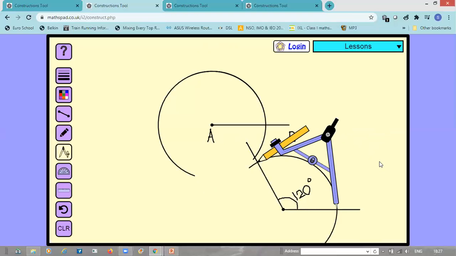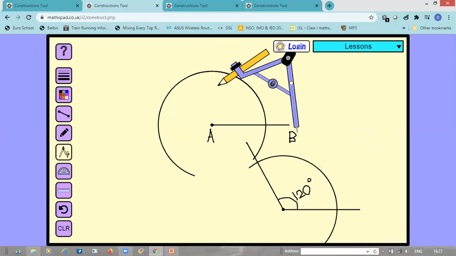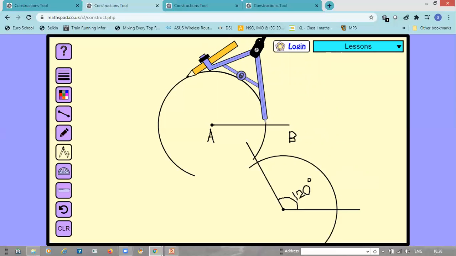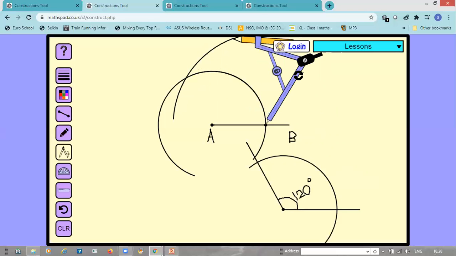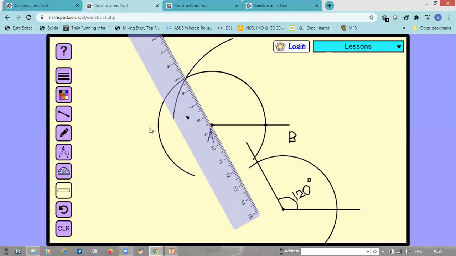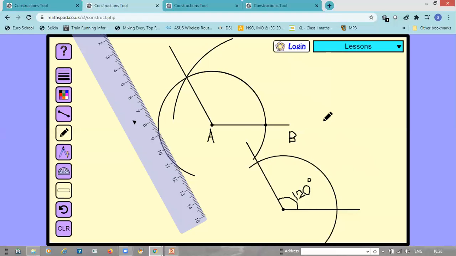Now bring the compass to the point where the arc is cutting the line AB. Now make an arc here as well. Now make a line through this, just like this. Now as you can see, this is 120 degrees.